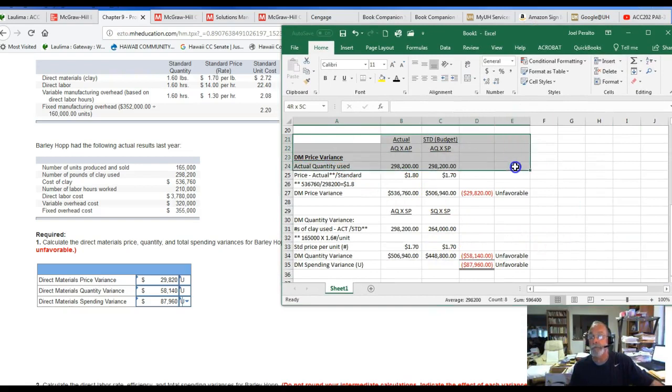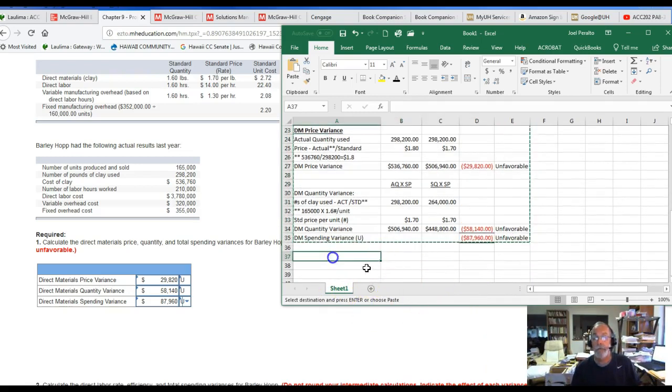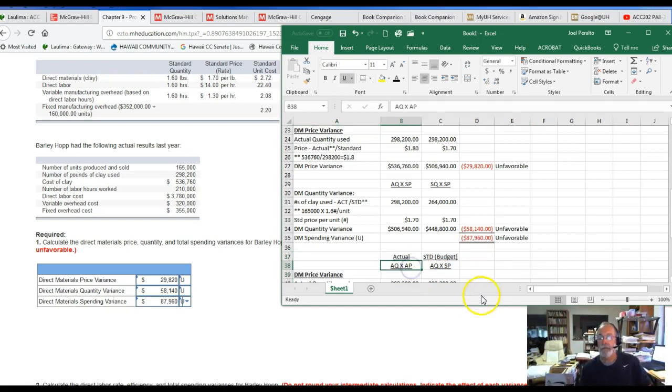If we just use this as a starting point for our labor, this would be actual rate and standard rate.